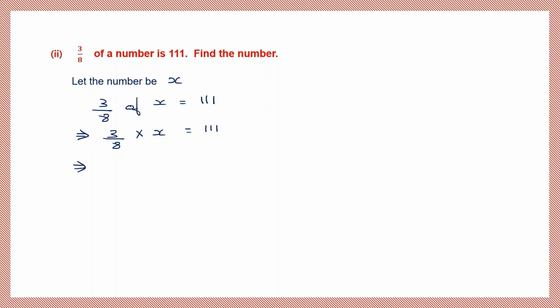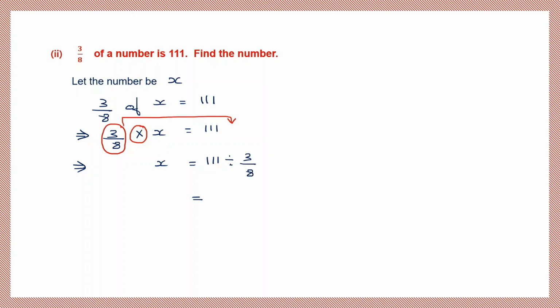Now to find the value of x, we write 111 as it is. Now I'm going to move 3/8 from the left to the right hand side. Because it's multiplication here, when it goes to the right, it becomes division. So divided by 3 by 8.